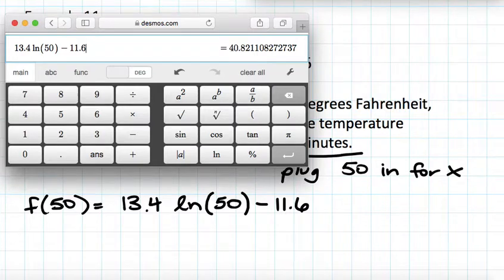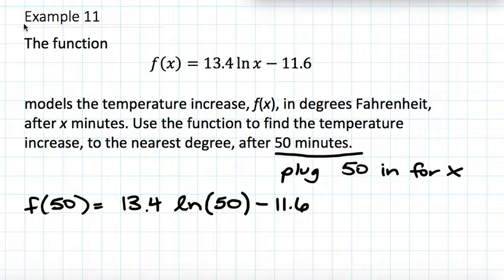So the answer that I get here is 40.8211. And looking in the problem, it says to find the temperature increase to the nearest degree, which means round to the nearest whole number. So that would round up. 41.8 would round up to 41 degrees.